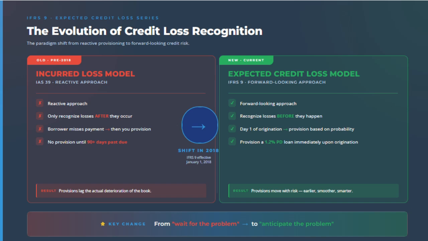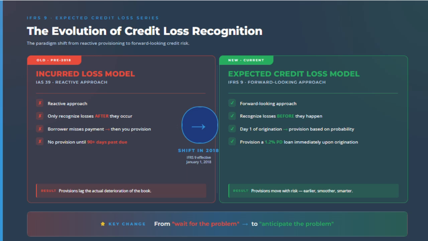So now this slide basically shows a fundamental shift in how banks think about credit risk. Before 2018, the world used the incurred loss model under IAS 39. After January 1, 2018, IFRS 9 introduced the expected credit loss model, and understanding this change is critical to your career. The old way is the incurred loss model. Here, the approach was purely reactive.